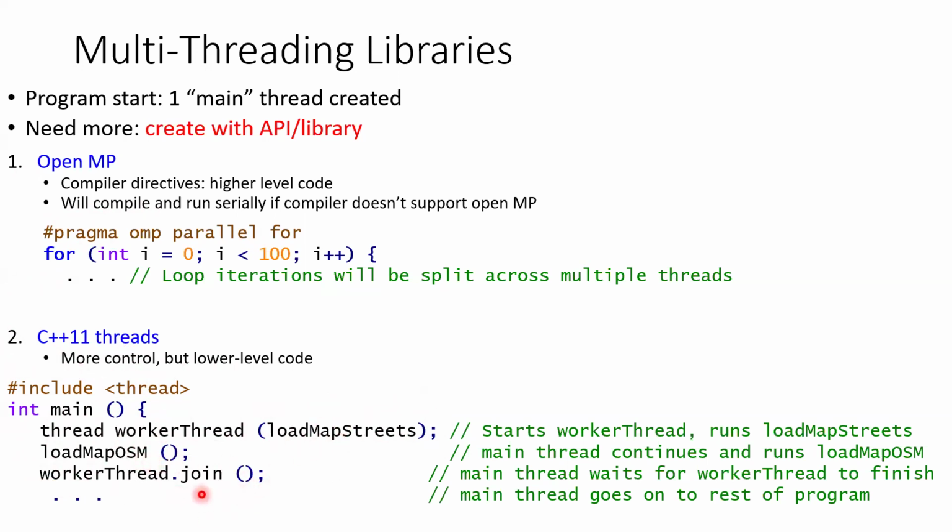We'll join the two threads together. And we can continue with your single-threaded program. And then I believe some of you are already doing this, like loading the streets database and the OSM database together at the same time using threads.